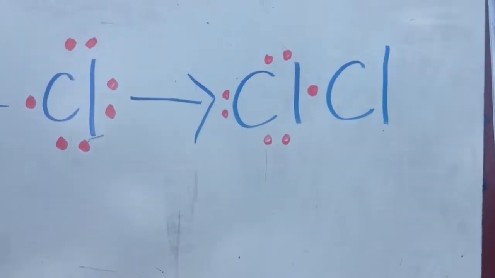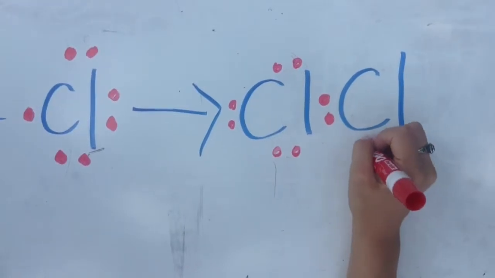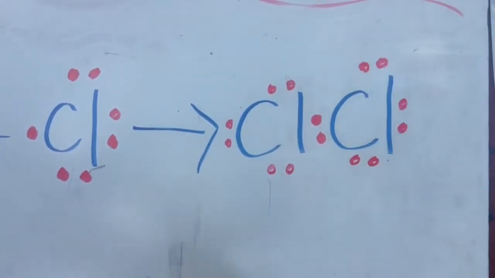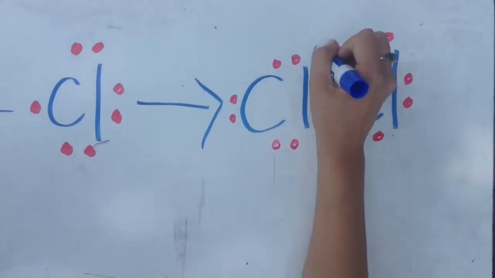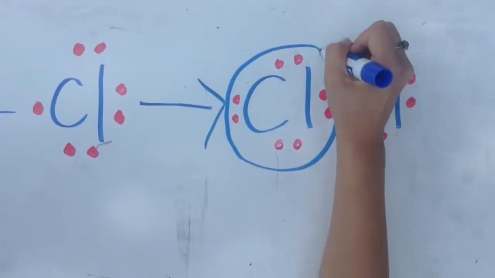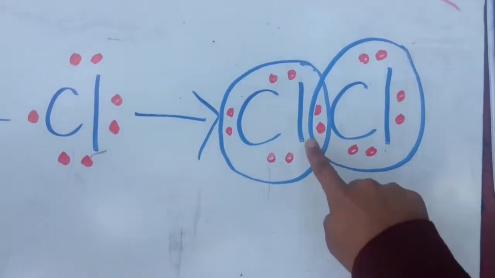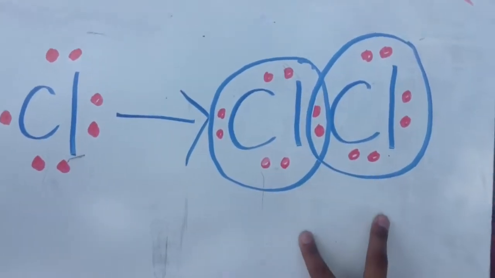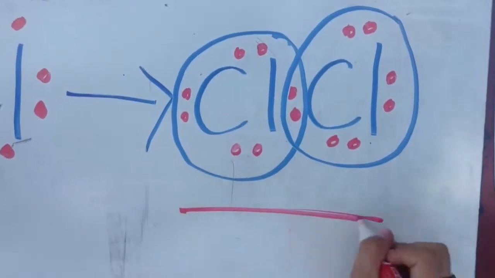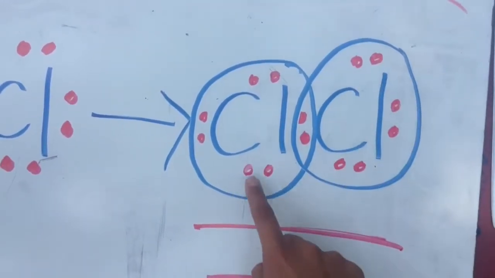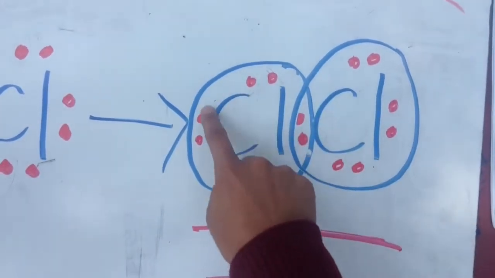If you combine them both to make one molecule, they are sharing 2 valence electrons right here in the middle, so they both have a complete valence shell of 8.